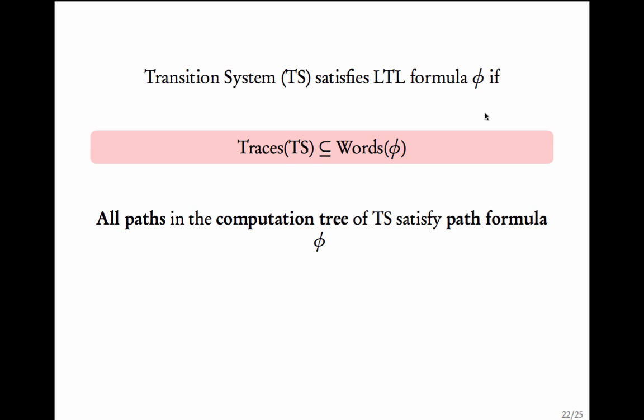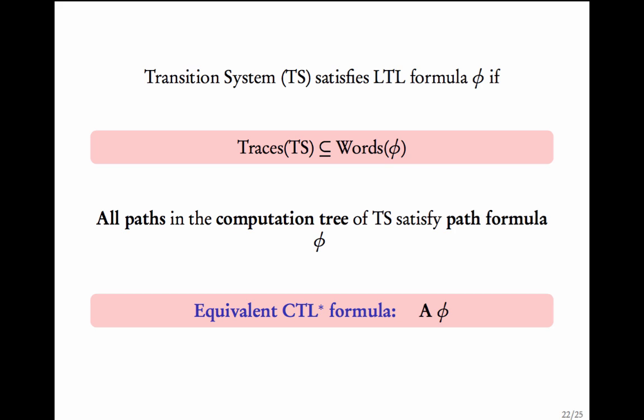Hence, the LTL formula phi is the same as the CTL star formula A phi. If the transition system satisfies the LTL formula phi, the computation tree of the transition system will satisfy A phi. Similarly, if the computation tree satisfies A phi, then the transition system will satisfy the LTL formula phi. So, the answer is: LTL properties can indeed be expressed using CTL star.